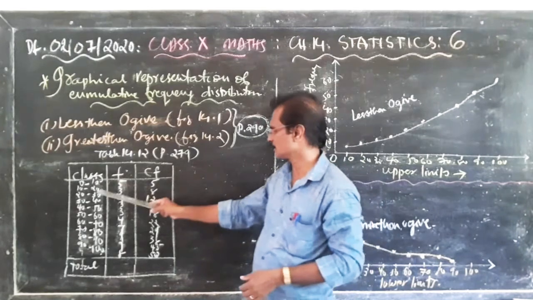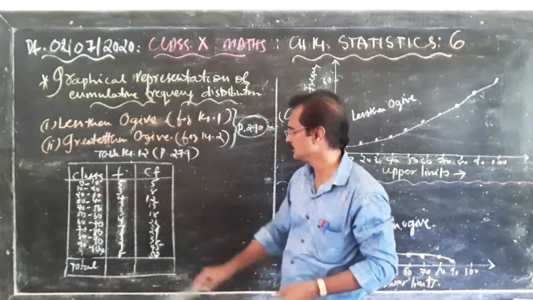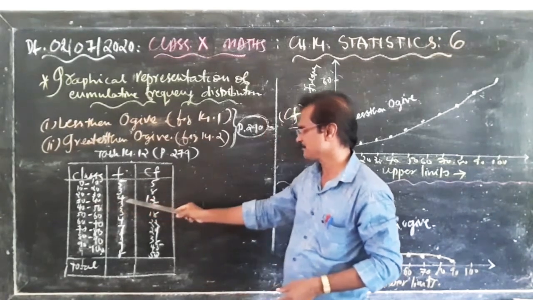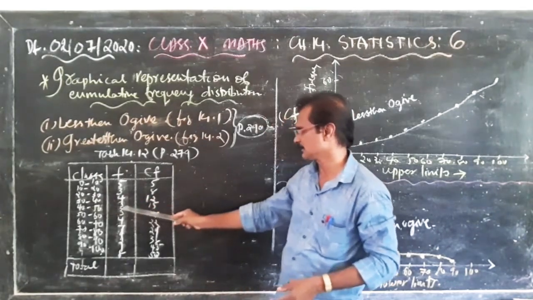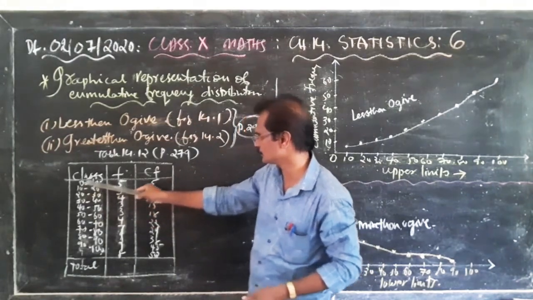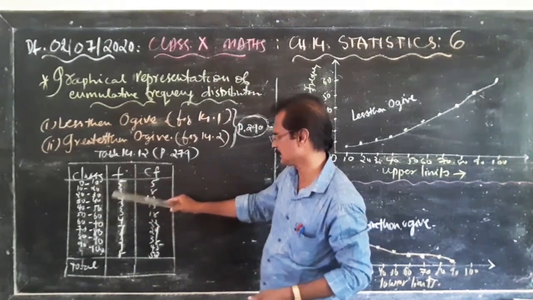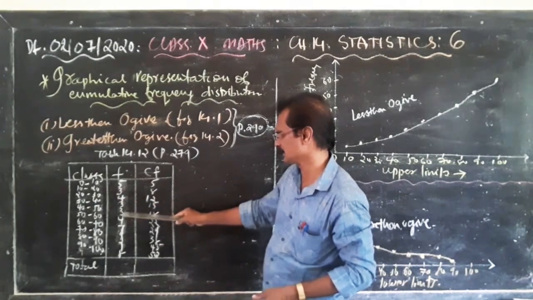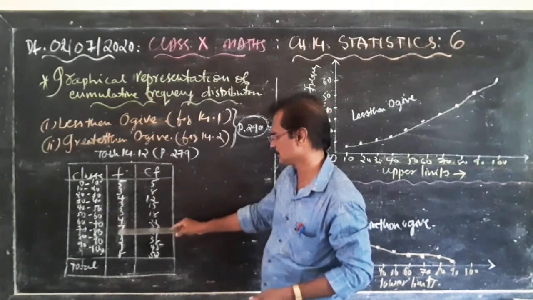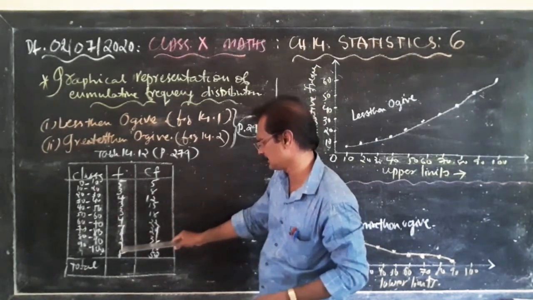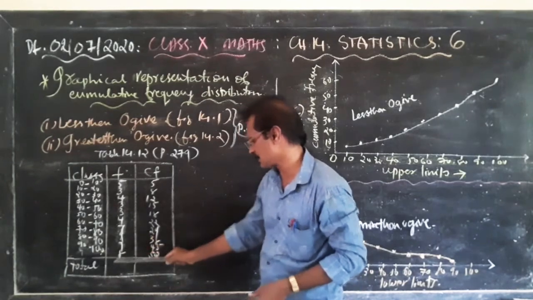And the frequencies are also given: 0 to 10, 5; 10 to 20, 3; 20 to 30, 4; 30 to 40, 3; again repeating, the remaining frequencies are given in the table.